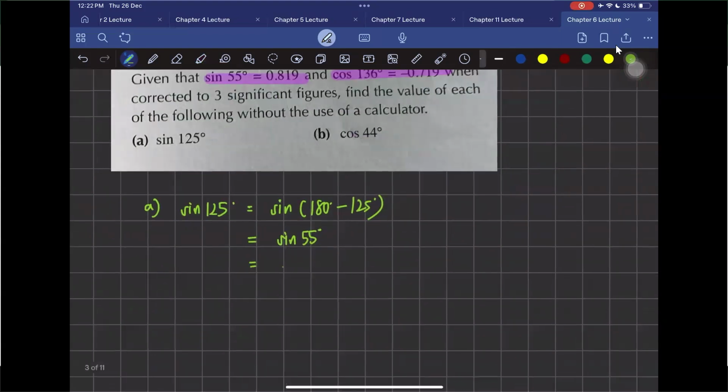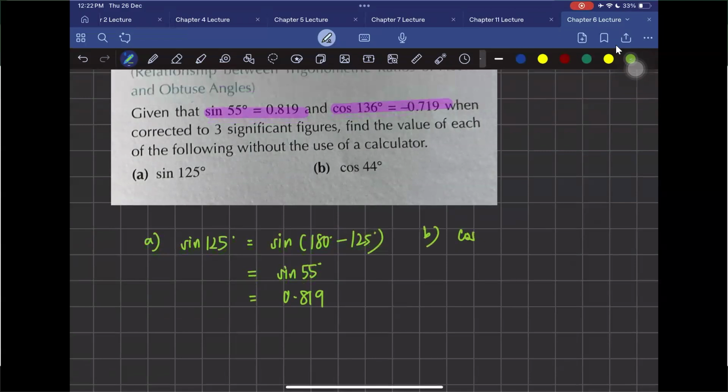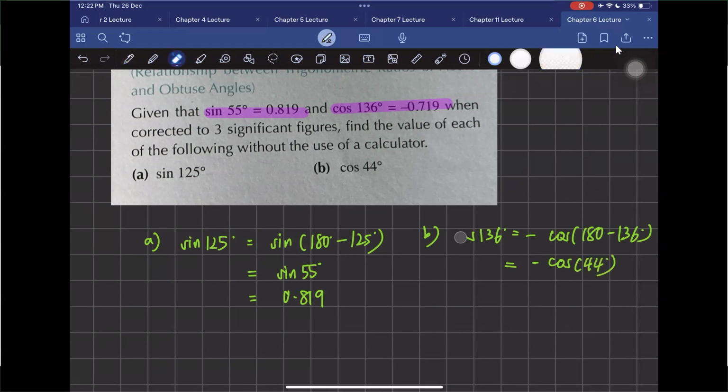So this is equals to 0.819. And for your part B, cos 136 degrees equals to negative cos 180 minus 136 degrees equals to negative cos 44 degrees. Oh, sorry. The question asks for cos 44.